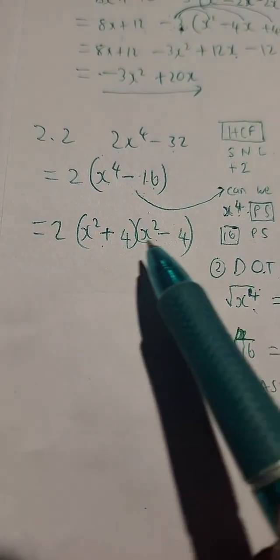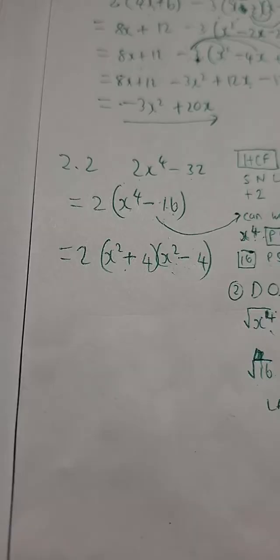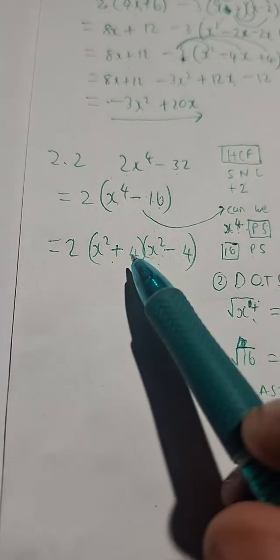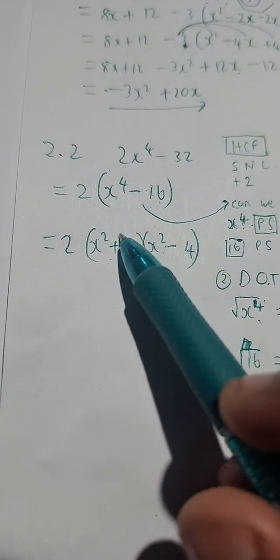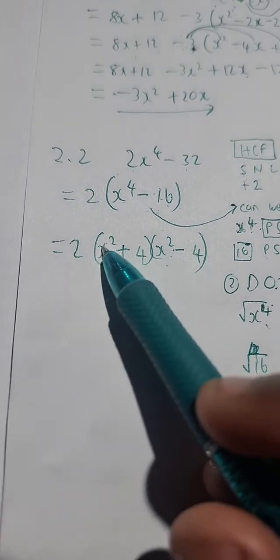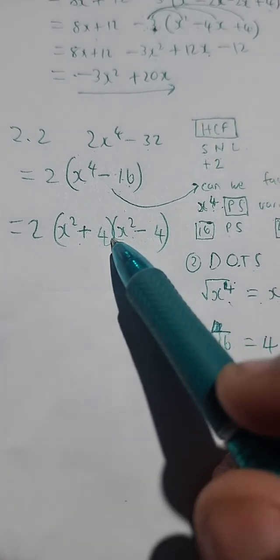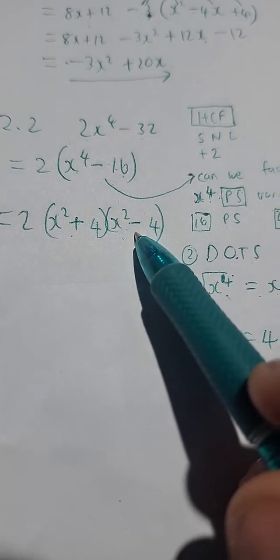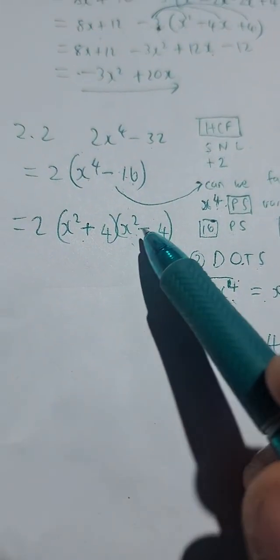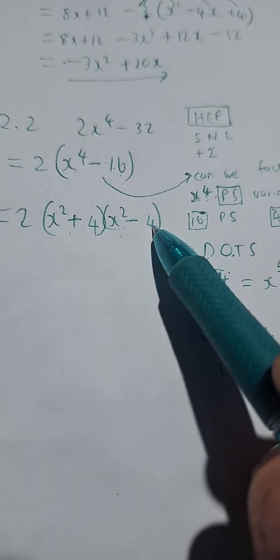Anyways, let's continue. Now, we would think that we are done with factorization, but you know what, guys? This bracket, we cannot factorize any further because it's a sum of two squares. This second bracket, you can see we have again x squared. It's a perfect square. 4 is a perfect square.